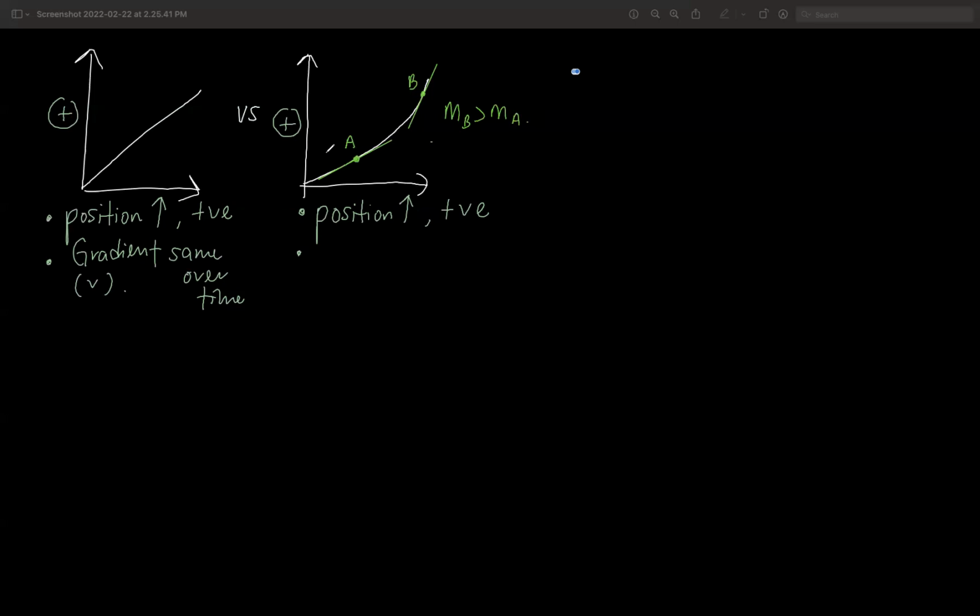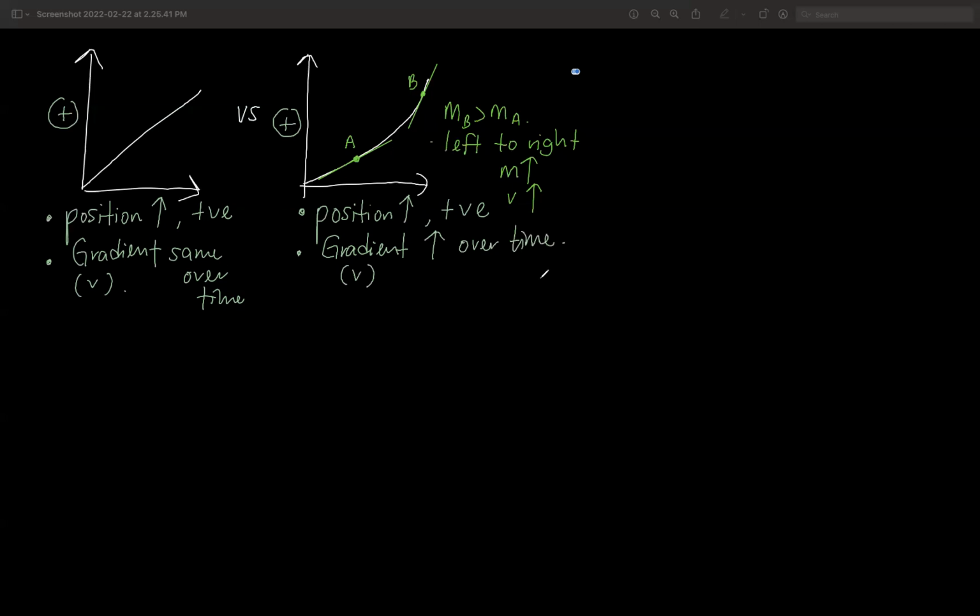That means going from left to right, the gradient increases. Then you know the velocity increases. So here, gradient increases. So V also increases over time.